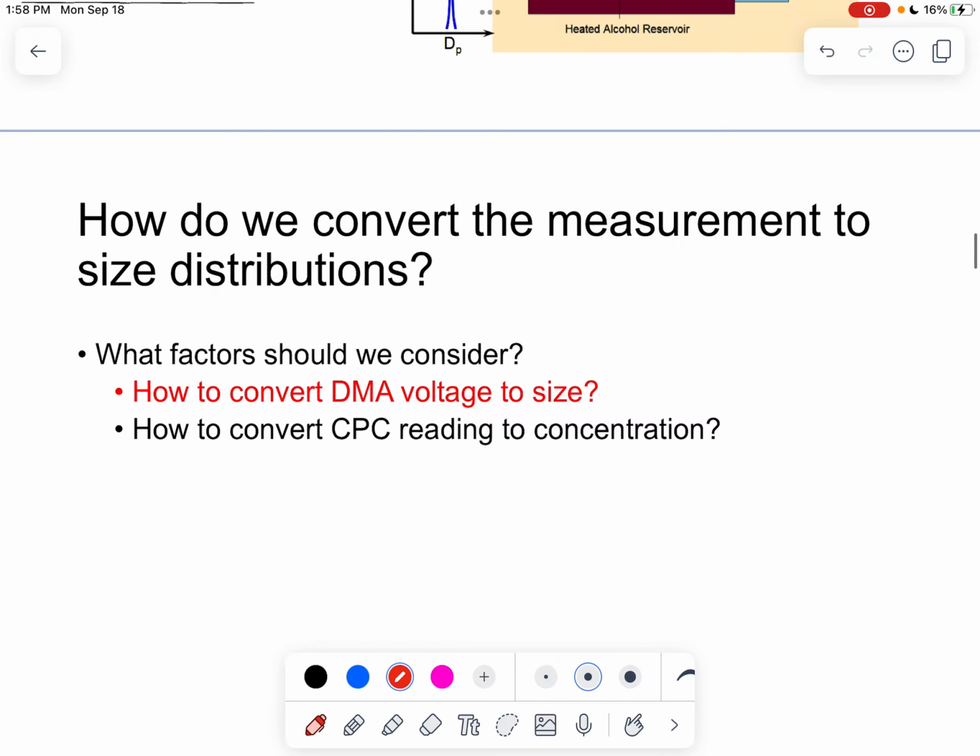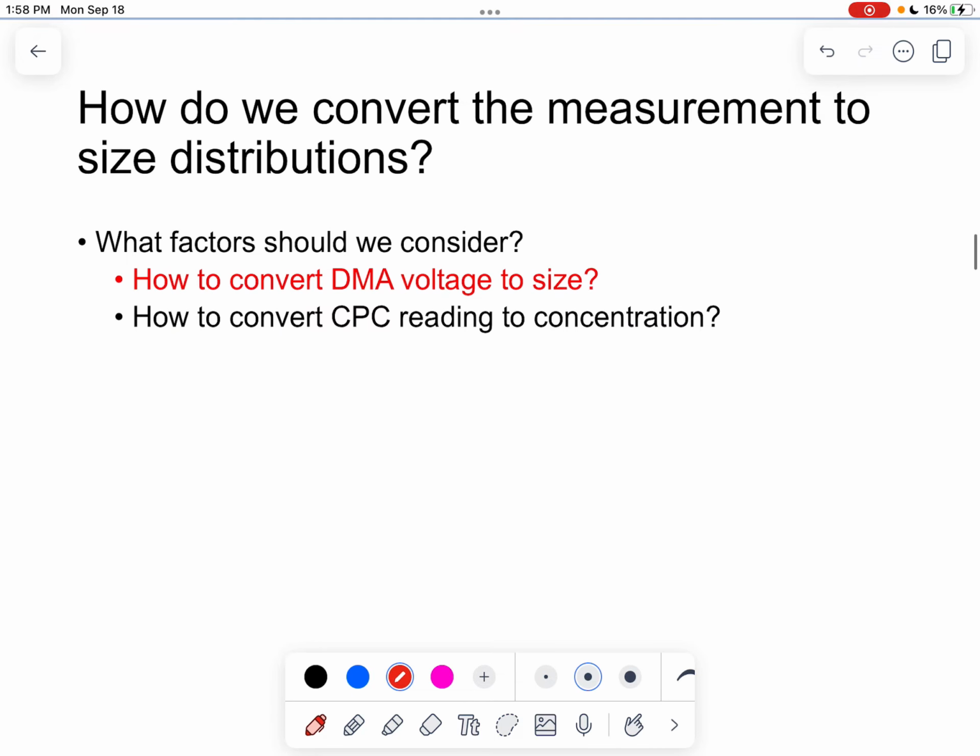So then we ask the question, how do we convert the measurement to the size distribution? We mainly spent a lot of time talking about how to convert the DMA voltage to particle size. So to do that, basically, what we did is that we derived this analytically, dr dx, and further by considering the time, and then further considering the flow condition, we could derive the relationship between Z and voltage, right?